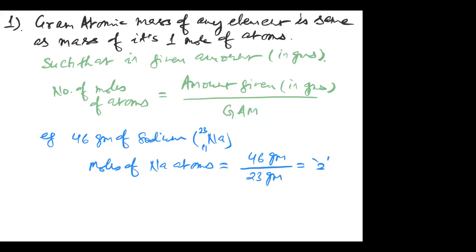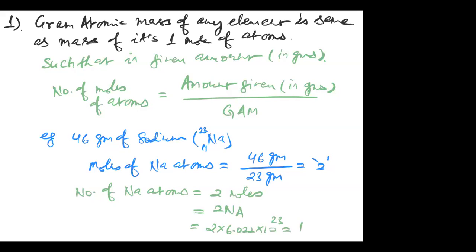It means if we have to find out the number of sodium atoms, it is nothing but 2 moles. It may be written as 2NA, equal to twice 6.022 into 10 to the power 23, which eventually comes out to be 1.2044 into 10 to the power 24.